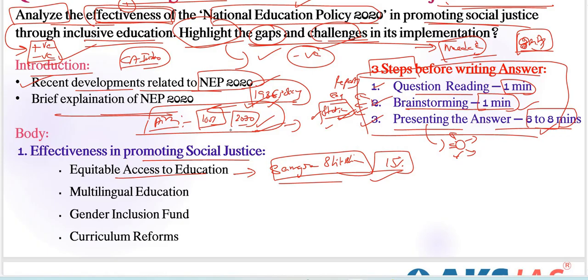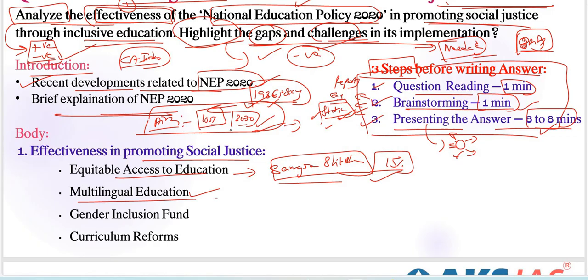Very, very important. We need to provide these types of examples. Also, multilingual education is one important effectiveness aspect here. By promoting mother tongue or local language as the medium of instruction until at least grade 5, NEP aims to make education more accessible to children from diverse linguistic backgrounds, right?